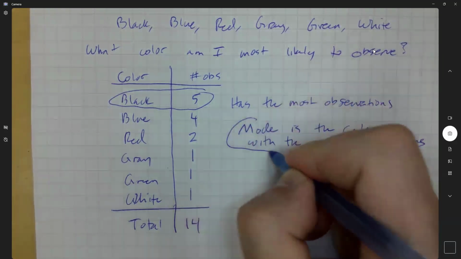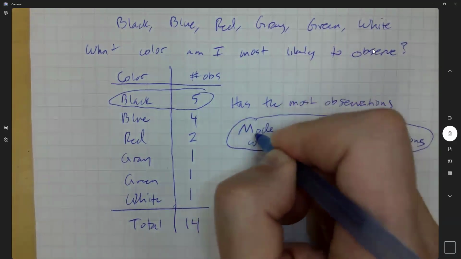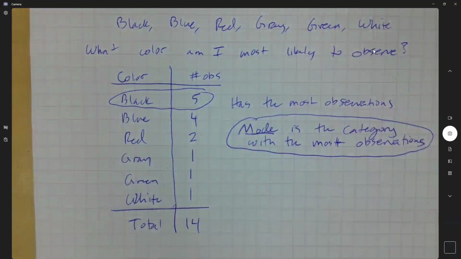Because the category with the most observations is the one you're most likely to observe without any other knowledge about the system. When we talk about quantitative data, we'll have two other M's. We'll have the mean and the median. Those do not make sense for categorical data. And the mode doesn't really make sense for quantitative data. And we'll talk about why. But there you have it.